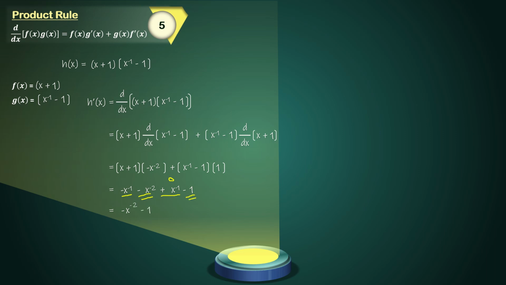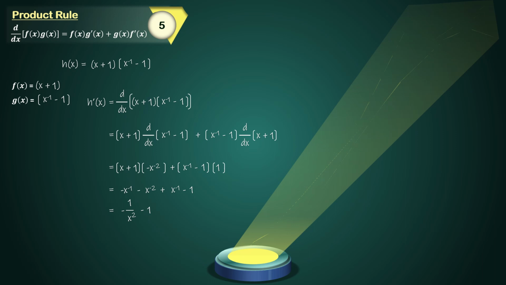Rewrite negative x raised to negative 2 as negative 1 over x squared, minus 1. Make this expression a single fraction and it is equal to negative 1 over x squared minus x squared over x squared.